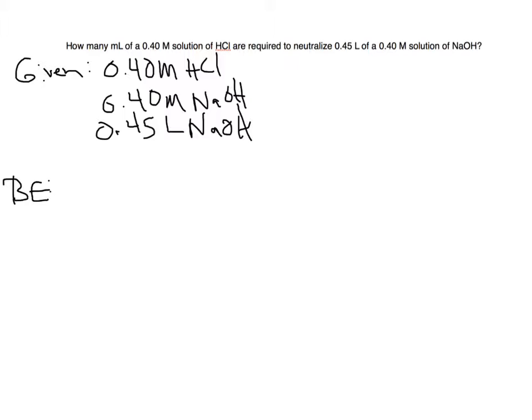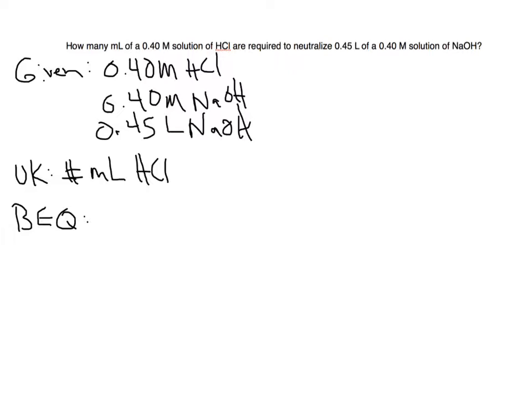I'm going to move this around here a little bit so we can see it a little better. Our unknown is the number of milliliters of HCl required to neutralize that particular volume and concentration of sodium hydroxide. Now our basic equation or pathway, we've got to think this through a little bit, but if you understand molarity and how to do this, it really is very simple.